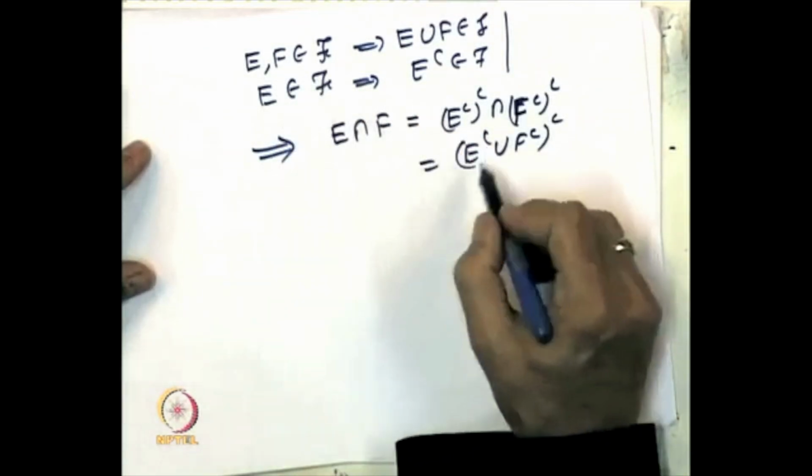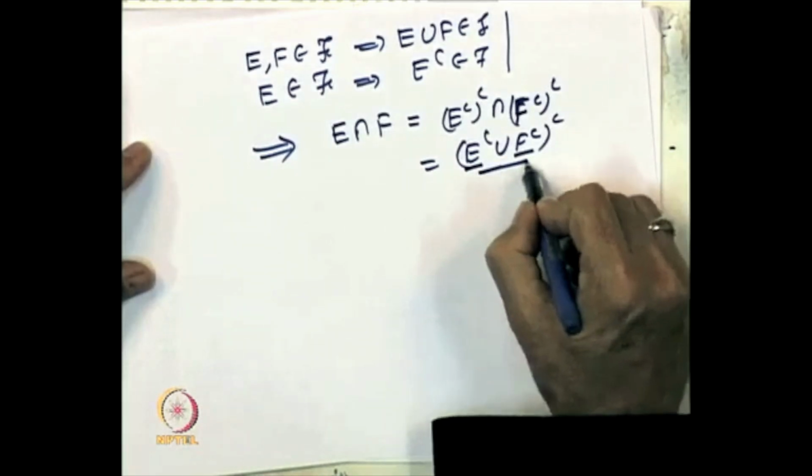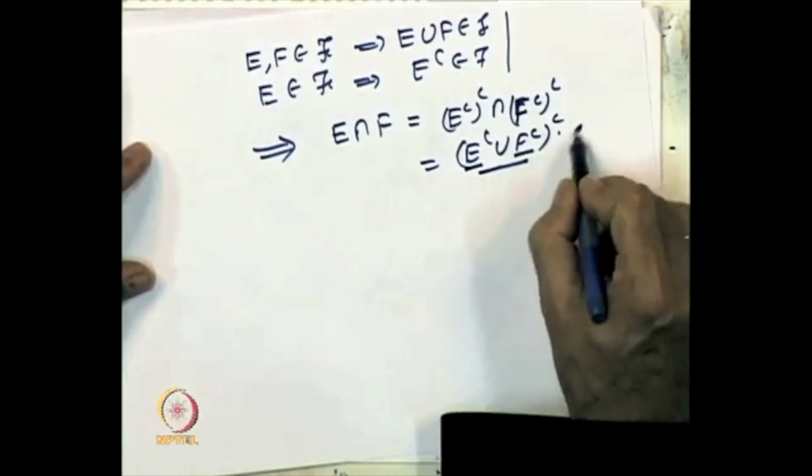Now E belongs to the collection, so E complement belongs, F complement belongs, the union belongs, and the complement belongs, so E intersection F belongs to it.